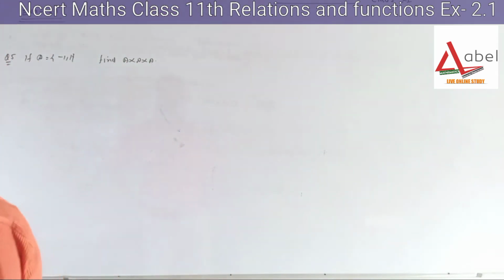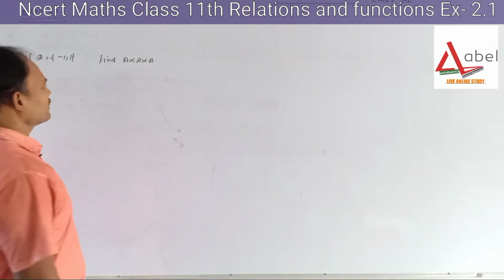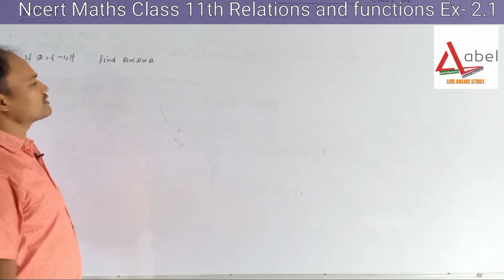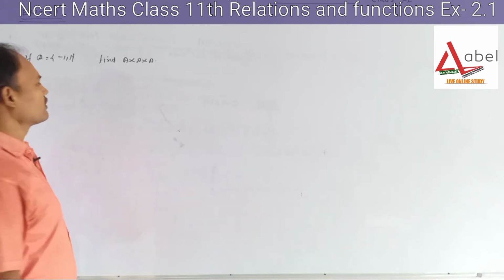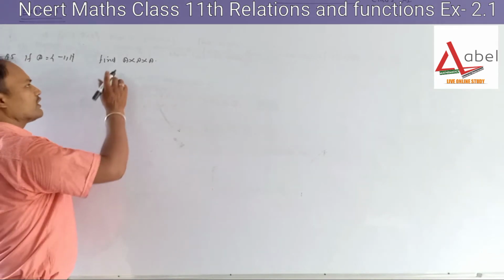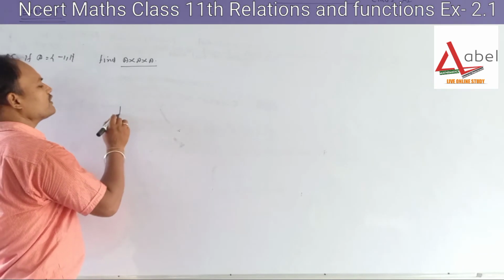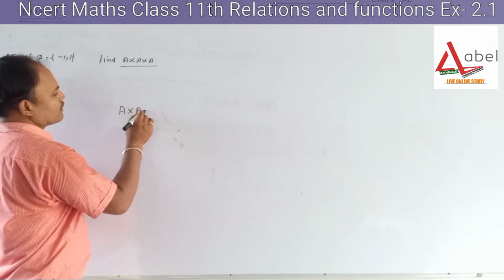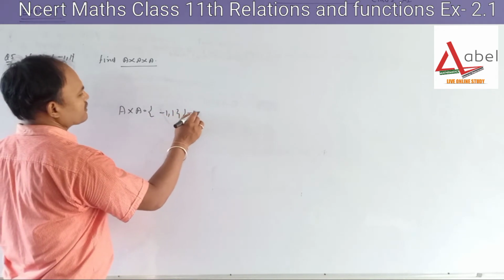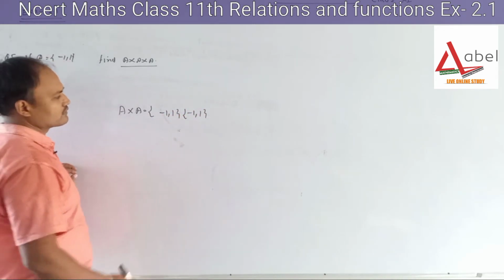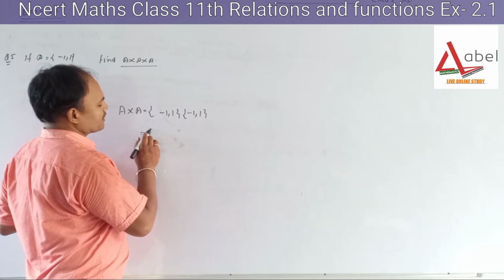Okay, now A cross A means we have to multiply the set A by itself. So A cross A means it is {-1, 1} and it is {-1, 1}. It is correct. Now we have to multiply.